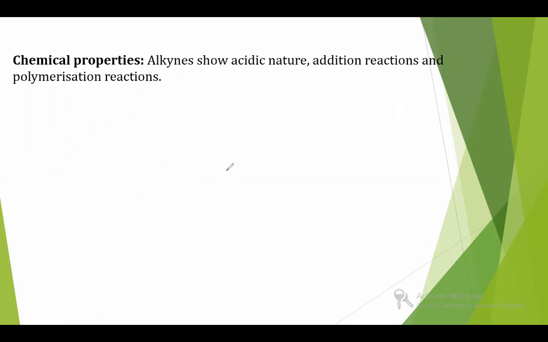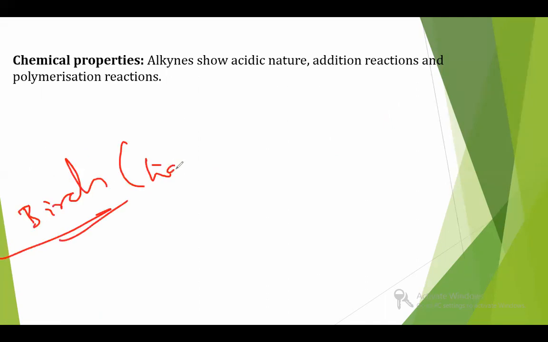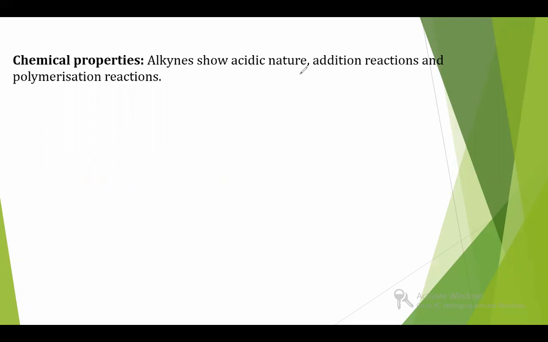That is also known as Birch reduction. You need to remember Birch reduction is the same as Lindlar catalyst. If you use palladium on activated charcoal, that is called Lindlar catalyst.